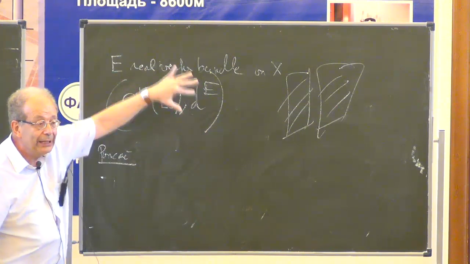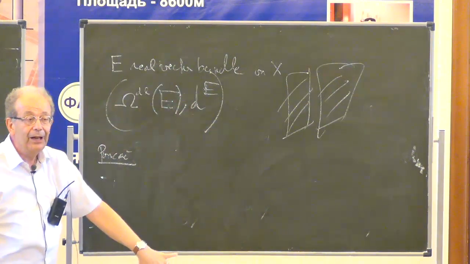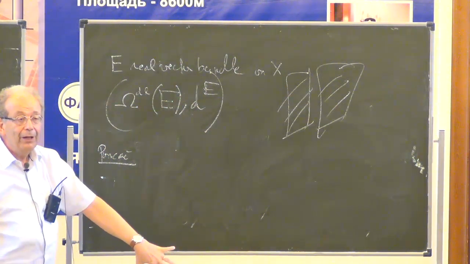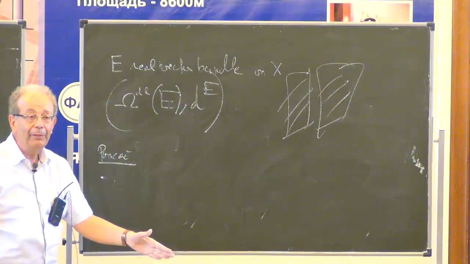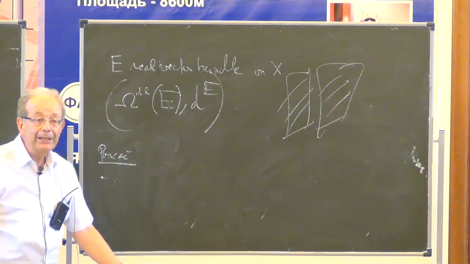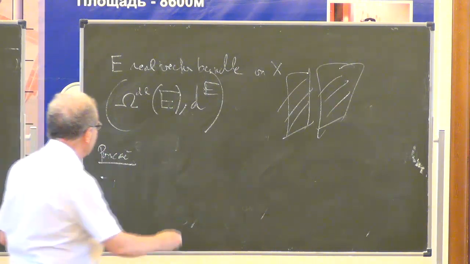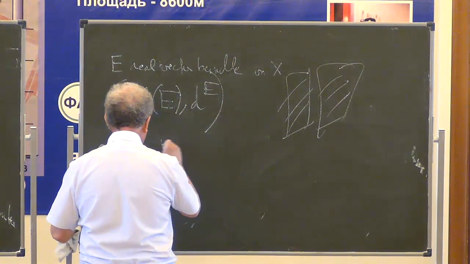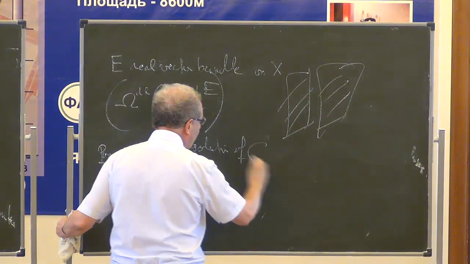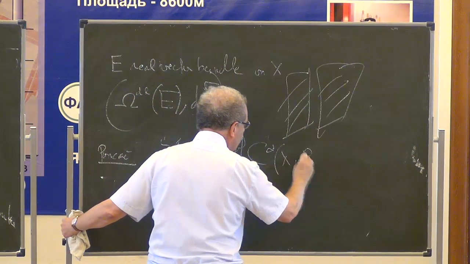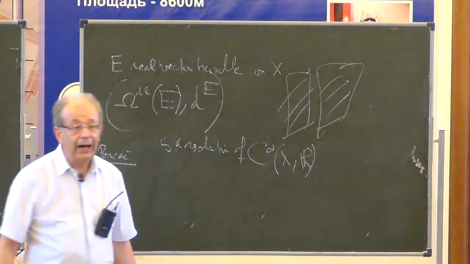They are just of degree 0, and they are constant along the fiber. But a function on the total space of E, which is constant along the fiber, is a function on the base. So that indeed, this is a resolution of the space of smooth functions on X with values in R.